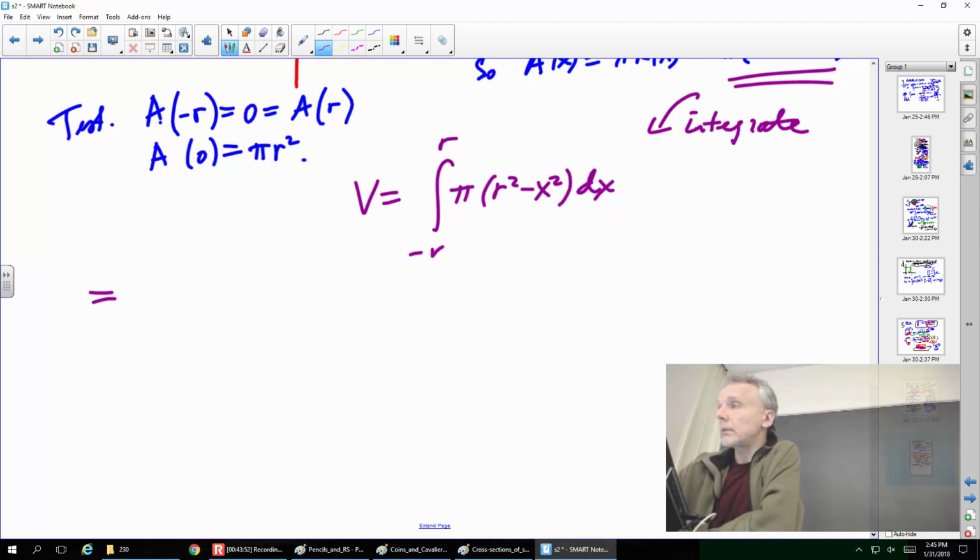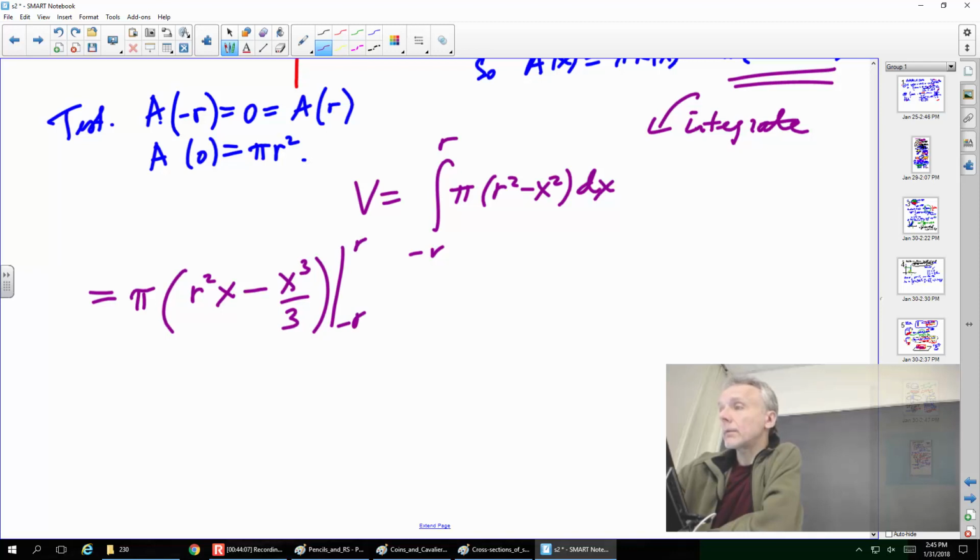Okay, so I just go on to integrate this. Let me take pi out. And I integrate r squared, which gives me r squared x minus x cubed over 3, from negative r to r. I just carried out the integration by the power formula. And what do I get?